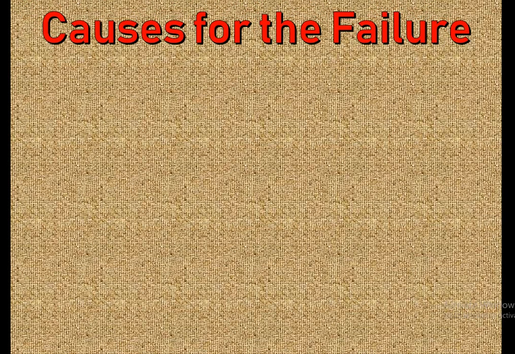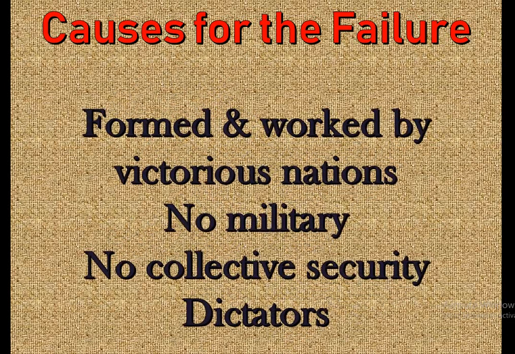What were the causes of the failure of the League of Nations? It was formed and worked only by the victorious nations and not for the defeated countries. If they talk about peace, that peace has to be maintained throughout the member countries.